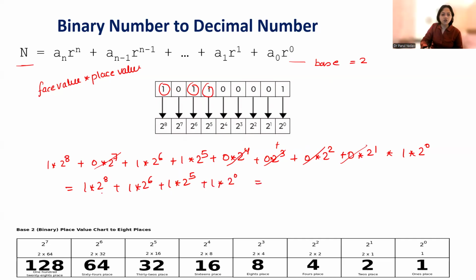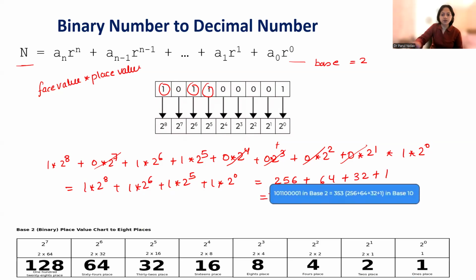So 1 into 2 to the power 8 is 256. Plus 1 into 2 to the power 6 is 64. Plus 1 into 2 to the power 5 will be 32. Plus 1 into 2 to the power 0 will be 1, right? So if you add it up, this will be 353, right?